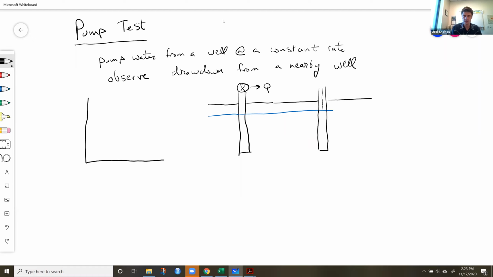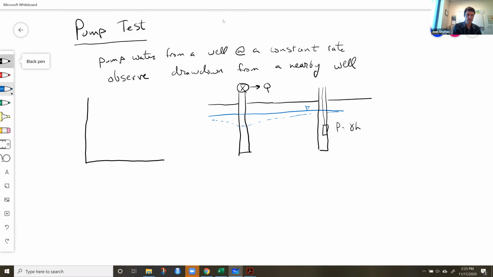And in this well, you've got a logger, which is usually just a pressure transducer that tells you the pressure head, and then you can convert pressure to height using the hydrostatic equation. And so as you're pumping over time, we're going to be drawing the water down. And you can measure that drawdown over time.